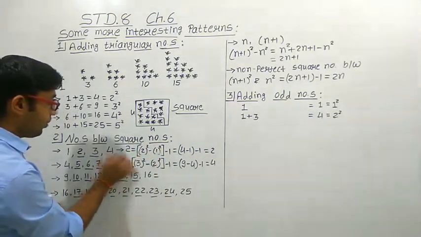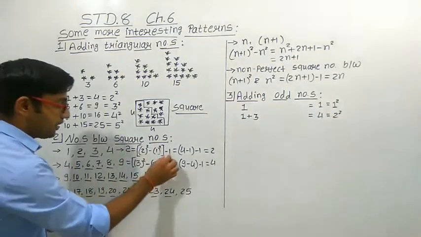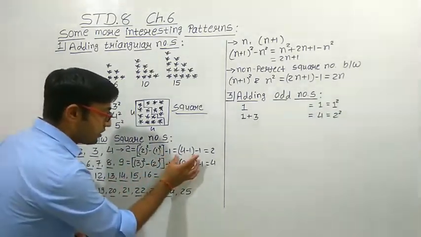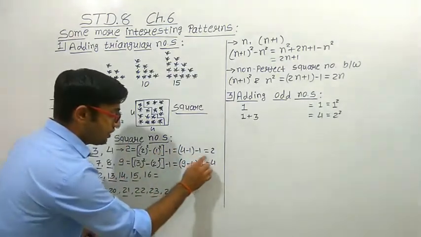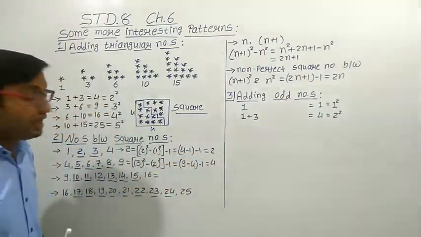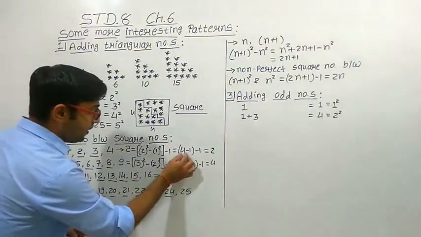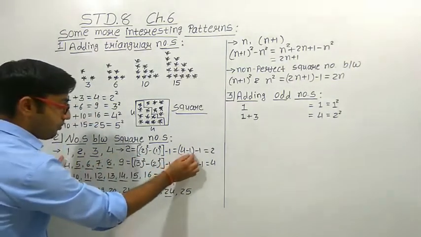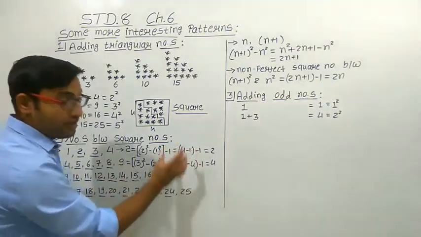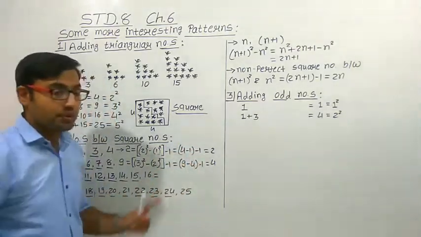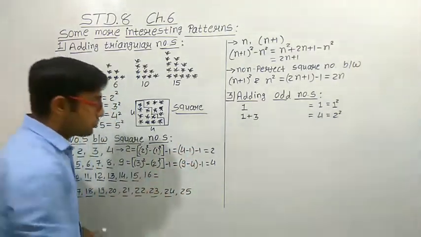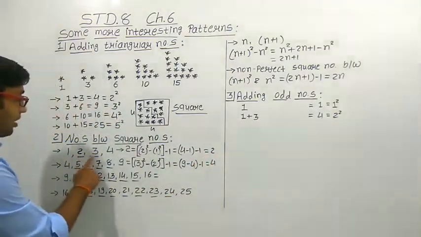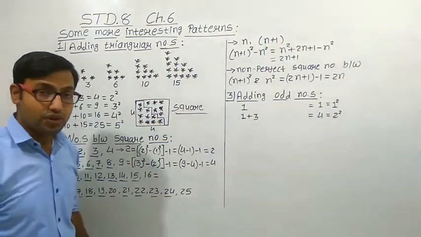And 2 squared is 4, 1 squared is 1, so 4 minus 1. Again we have to subtract 1. So 4 minus 1 is what? 3. 3 minus 1 is what? 2. So what do we use here? We use this perfect square number, subtract this perfect square number, and whatever result we get, again we have to subtract 1 from that, so that whatever we get will be the number of non-perfect square numbers.